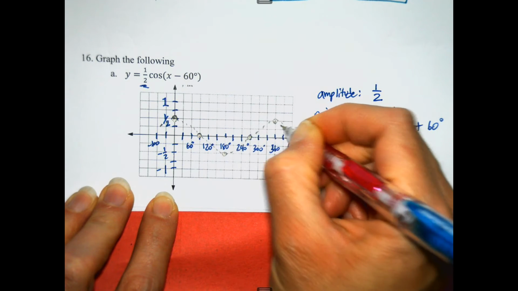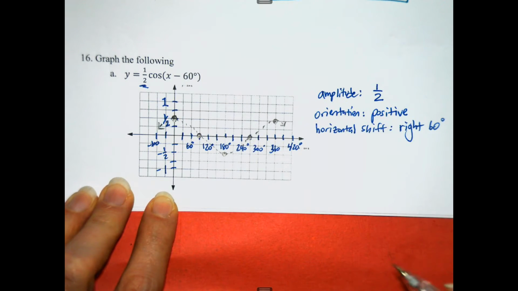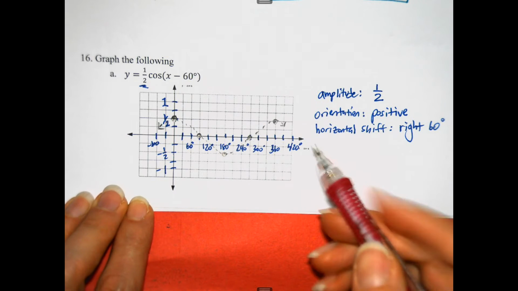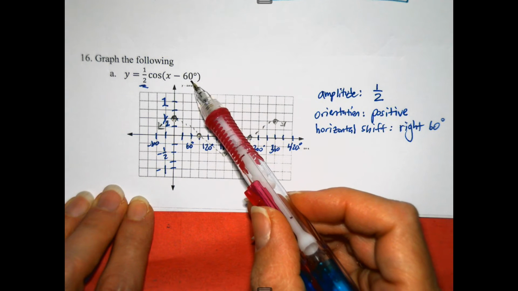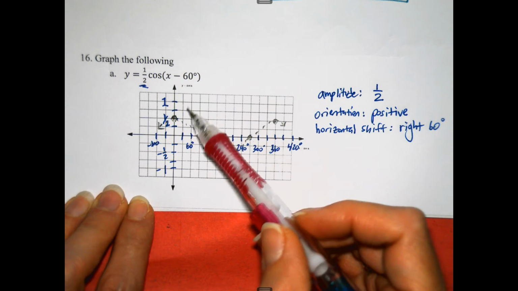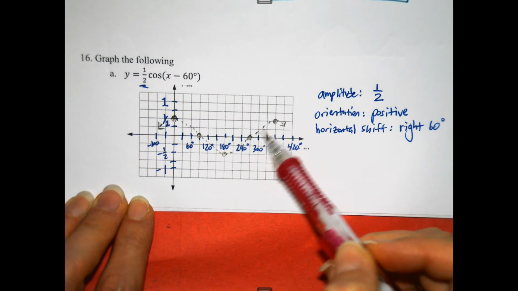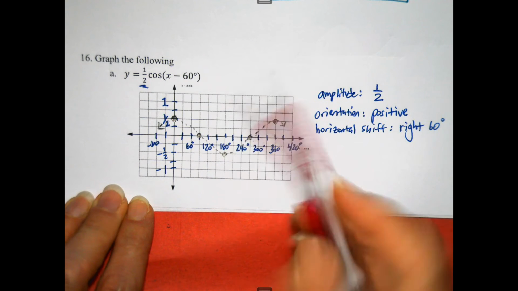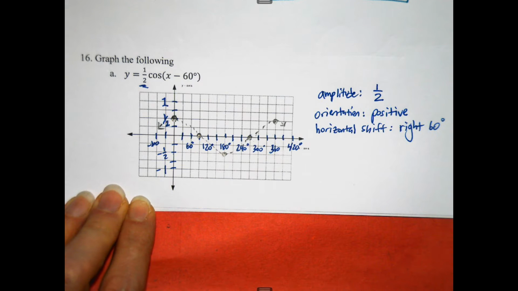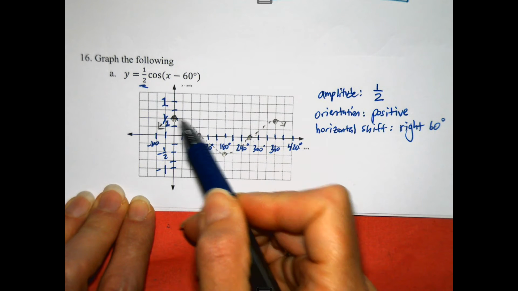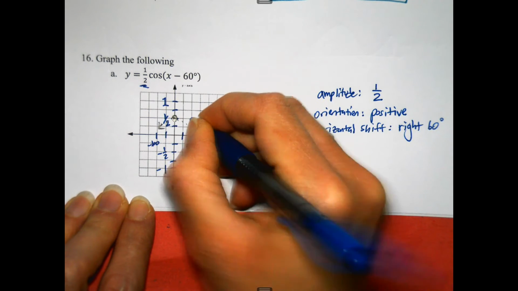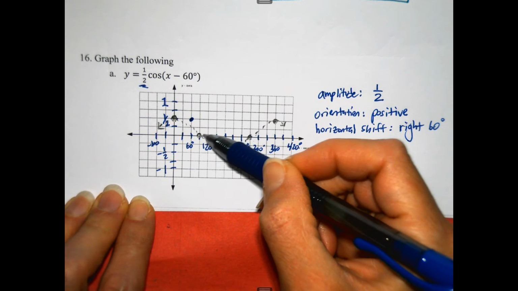But now I need to shift this function. This function has to get shifted to the right by 60 degrees. That tells me that each of these points has to move to the right by 60. This first point is going right by 60 degrees to 60 degrees.